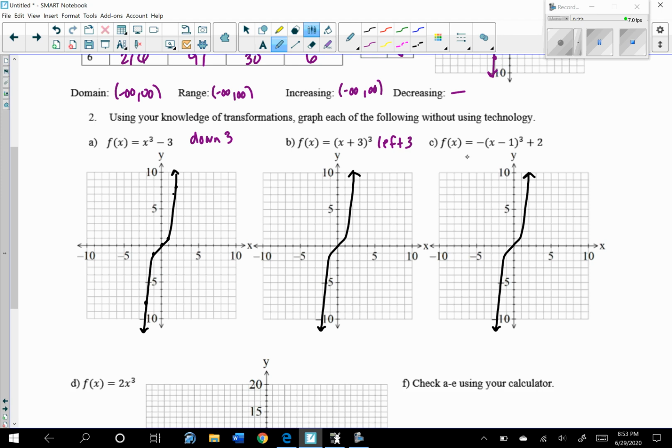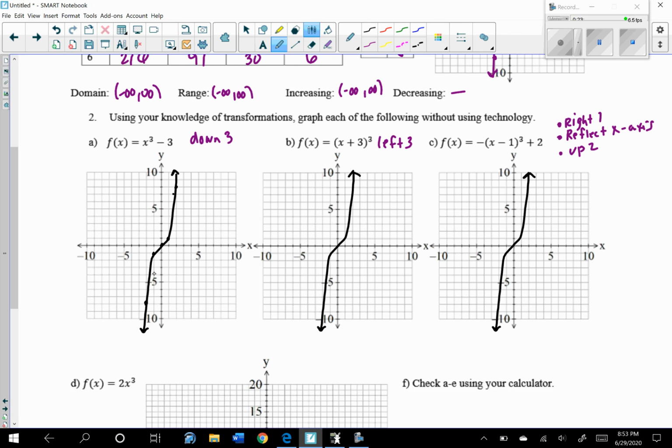And this one, see if you can do on your own. So this would be right 1. And we have reflection because the negative times something reflects it. So reflect across the x-axis. And this moves it up 2.